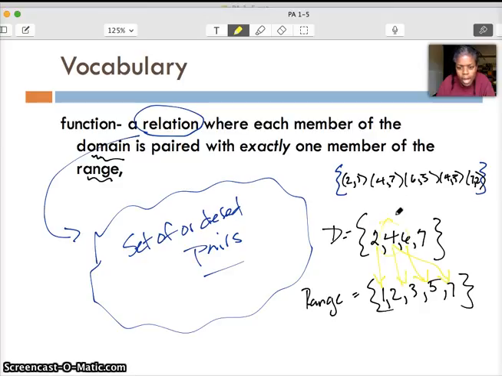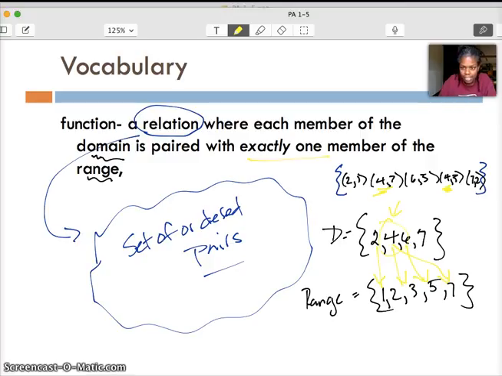Here's one member of the domain that's going to two different members of the range. This relation is not a function because to be a function, each member of the domain needs to be paired with exactly one member of the range. Noticing that the 4 appears here and the 4 appears here tells me I don't have a function.